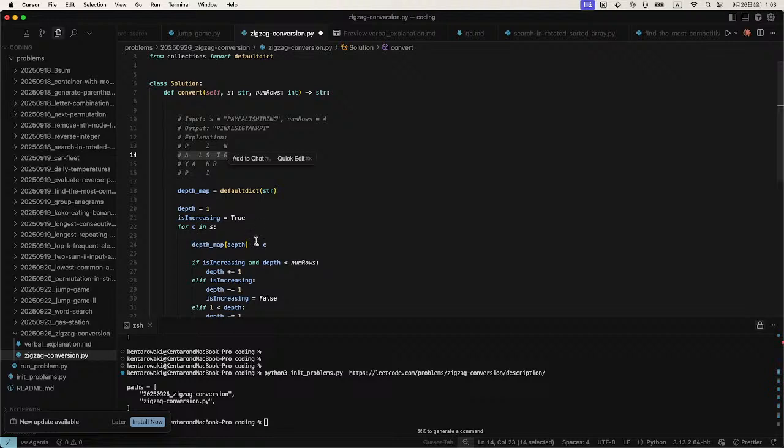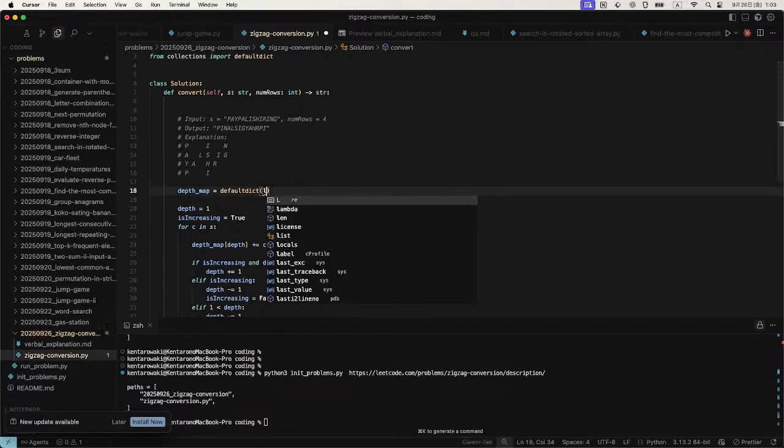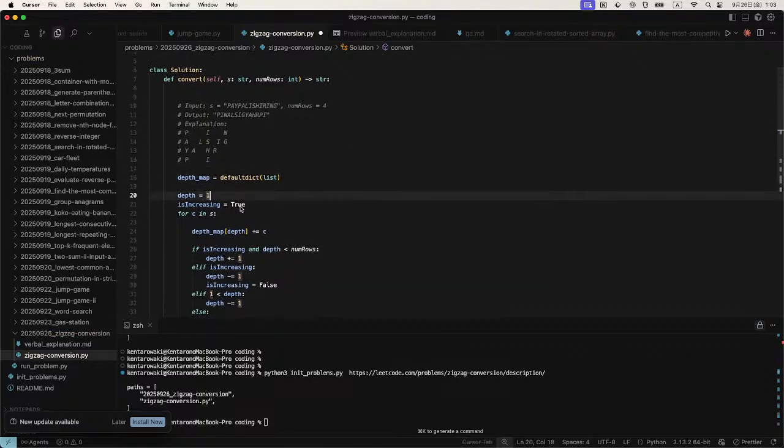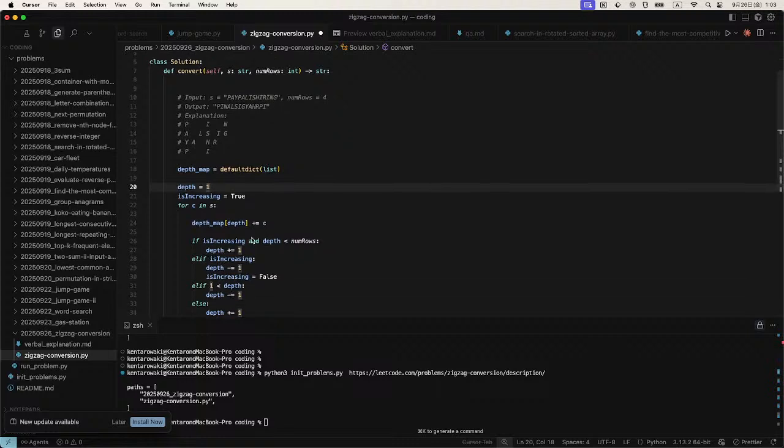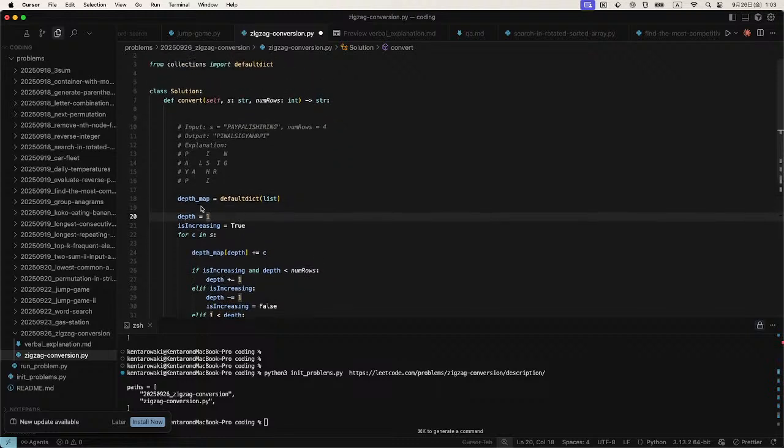But string is immutable. So in this line, memory copies happen. Okay, so this is not optimal, so we can change the type of the hash map.